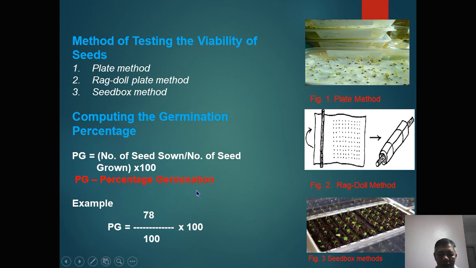Because you are already sure that, in this example, there will be 22% mortality, assured mortality, if you use the seeds in the field for planting. So at least 90%, or 80% can be allowed. Others use 80% in terms of scarcity of seeds.